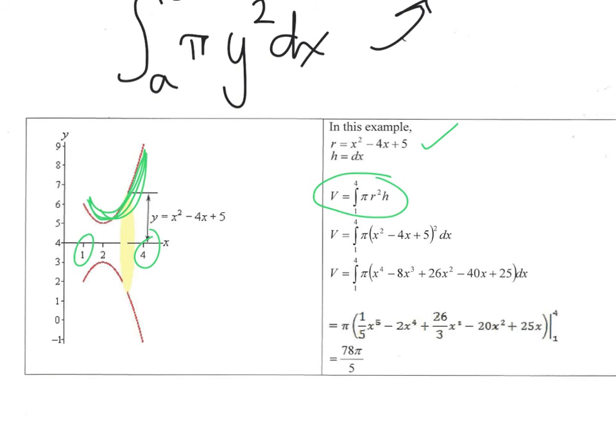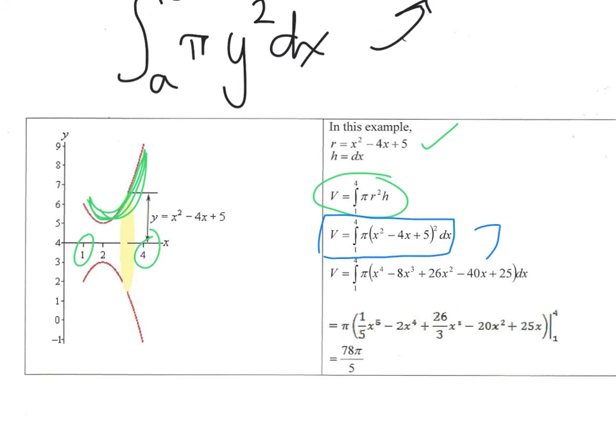The formula we're going to use would then give us the integral from 1 to 4 of pi, our y value, but again, instead of putting y or f of x, we actually want to write that function in there, and we're going to square it times dx. And now you really have solved this problem. This is the setup and the answer to the problem. Now you just need to actually do the calculus and solve that.